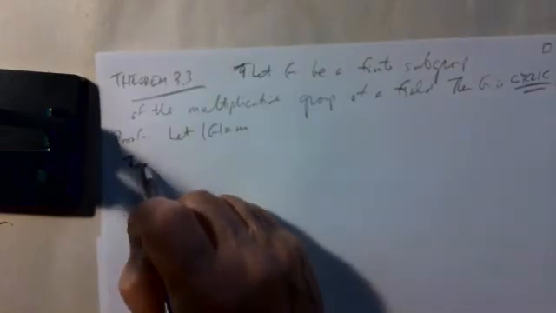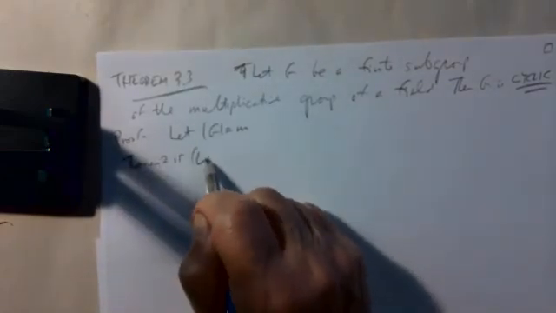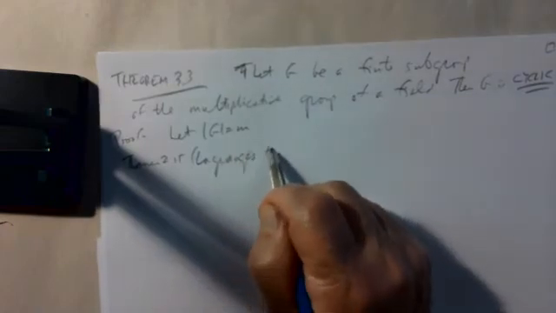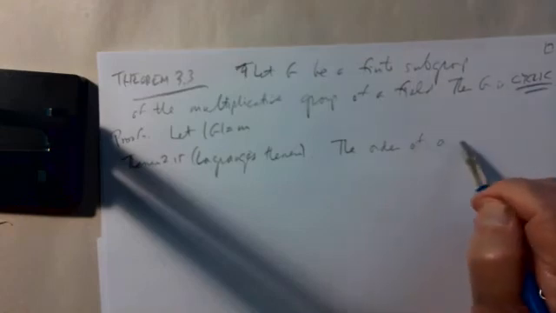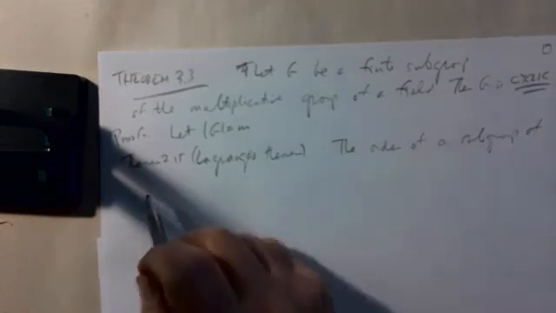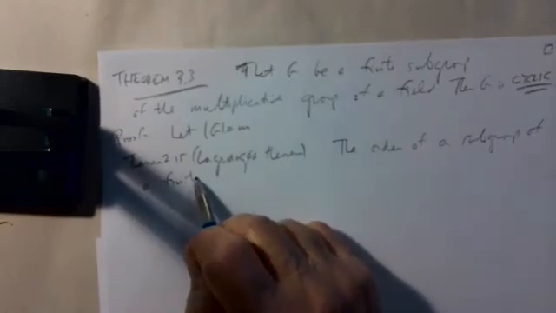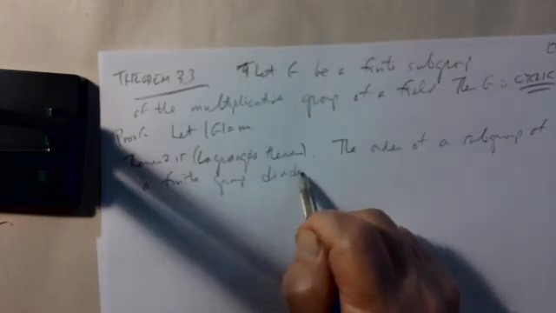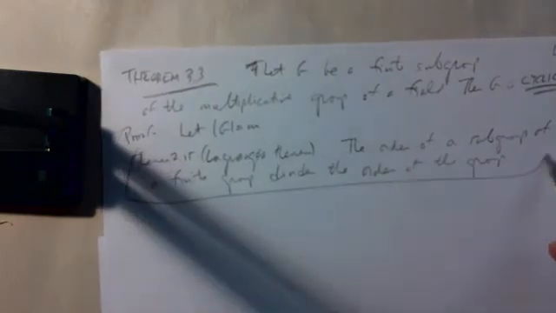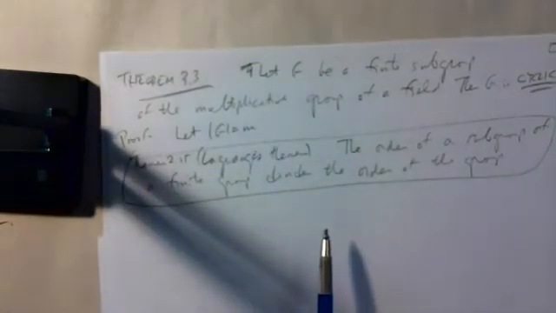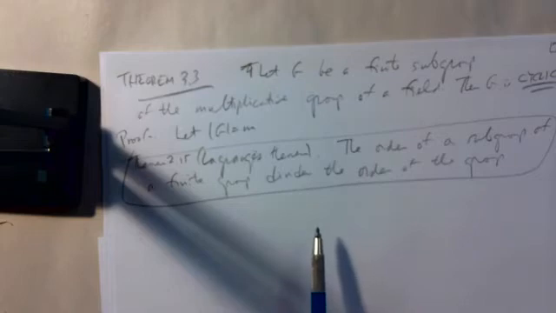So in chapter 2, theorem 2.15 is Lagrange's theorem, which says that the order, that means the number of elements of a subgroup of a finite group, always divides the order of the group. So we're going to use this fact.